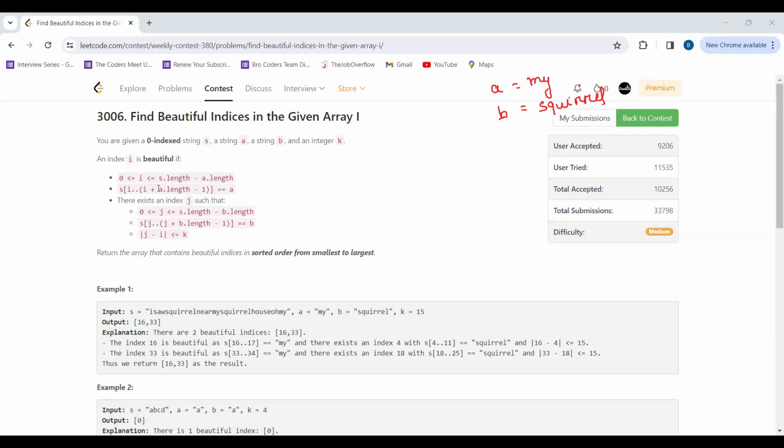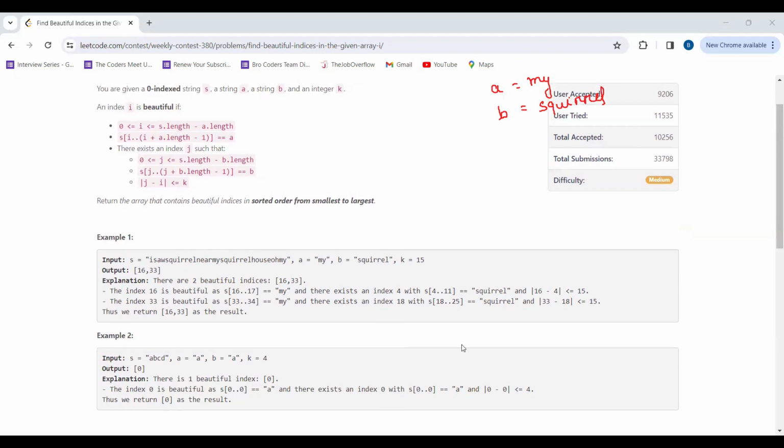Okay, and from that index i, we need to find an index j such that j can be at max at a distance of k from that i, and from that index j, we can find another word b, which we are given again in the question.